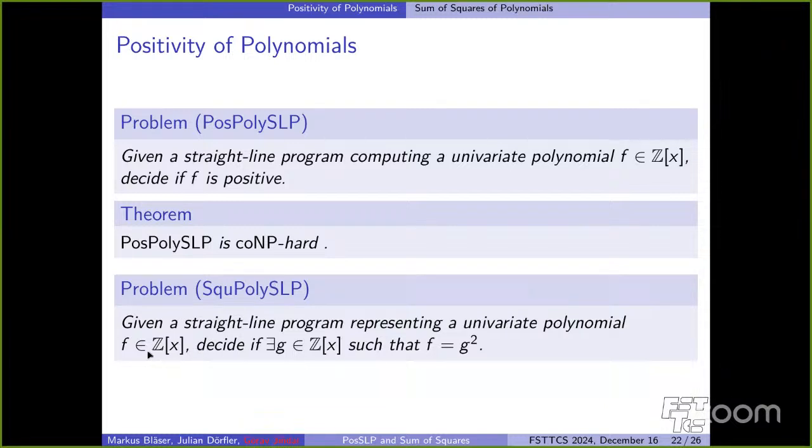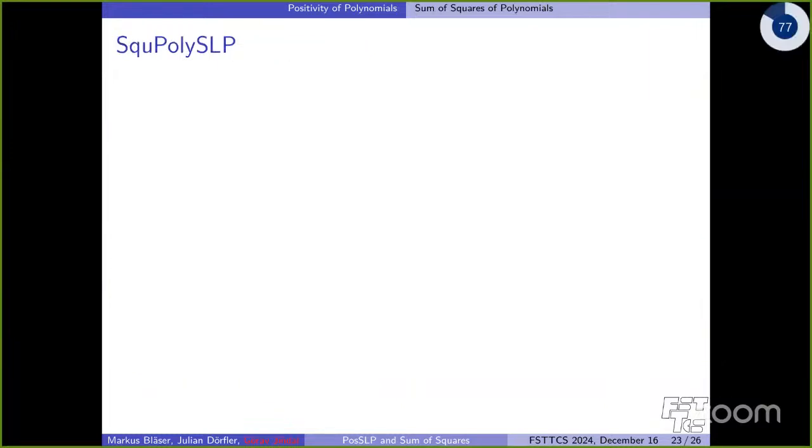And we also look at this problem where you are given a polynomial f, and you want to decide whether it is a square of another polynomial, right? Note that if f was g squared, we cannot simply compute g, because the circuit size for g might be very large. So we cannot just compute g and then check whether f is g squared or not. But we can use the oracle for square SLP to solve this.